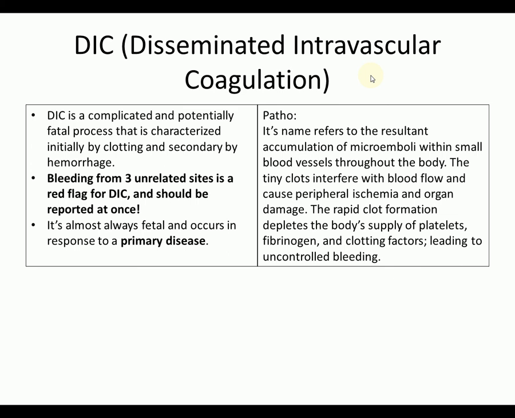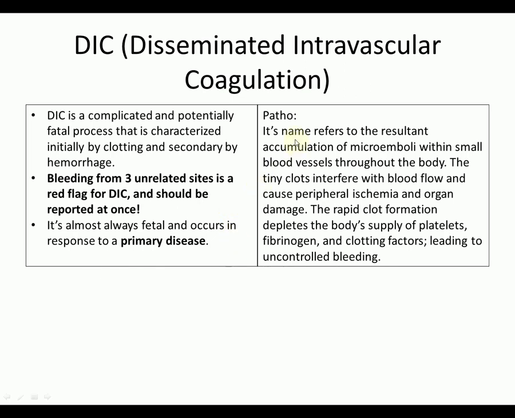Okay, DIC is a complicated and potentially fatal process that is characterized initially by clotting and secondarily by hemorrhage. Bleeding from 3 unrelated sites is a red flag for DIC and should be reported at once. It's almost always fatal and occurs in response to a primary disease.